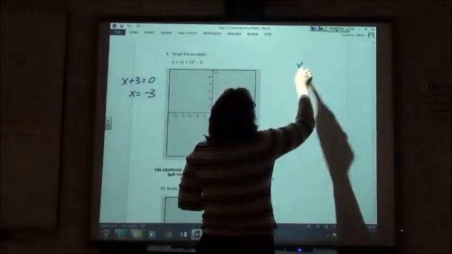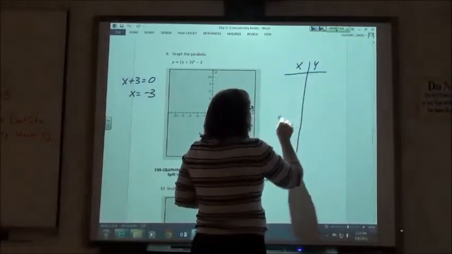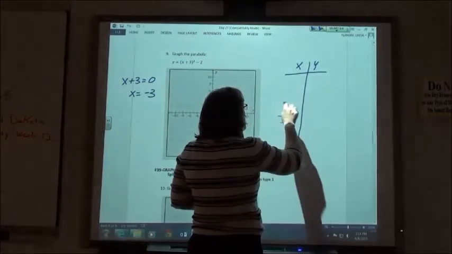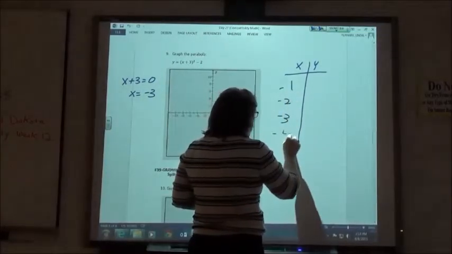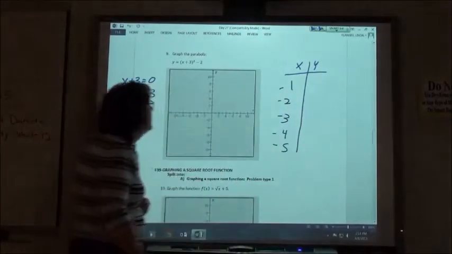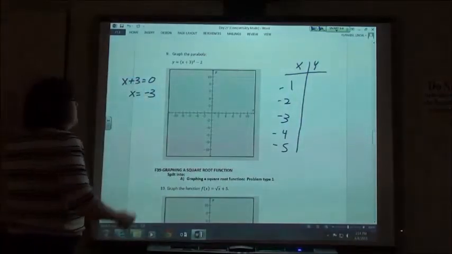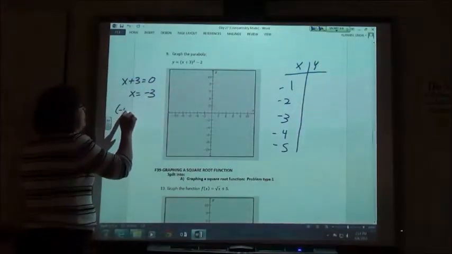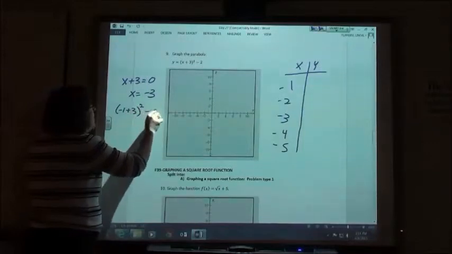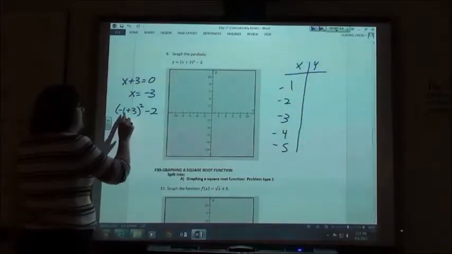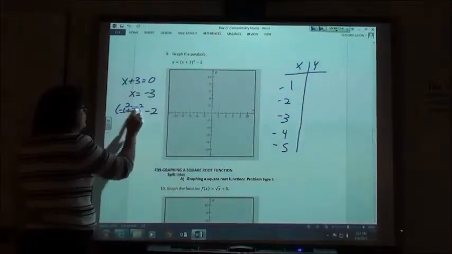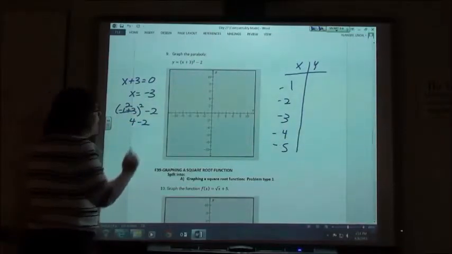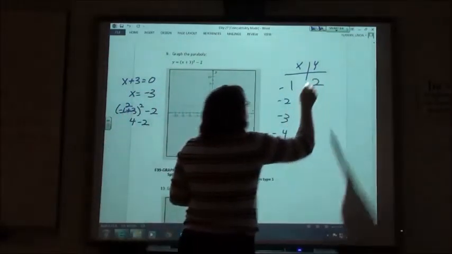So in my table, negative 3 is in the middle. Negative 2, negative 1, negative 4, and negative 5 would be my other values. So plugging those in. Negative 1 plus 3 squared minus 2. Negative 1 plus 3 is 2. 2 squared is 4. 4 minus 2 is 2.